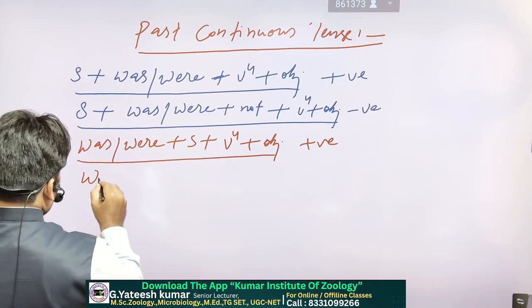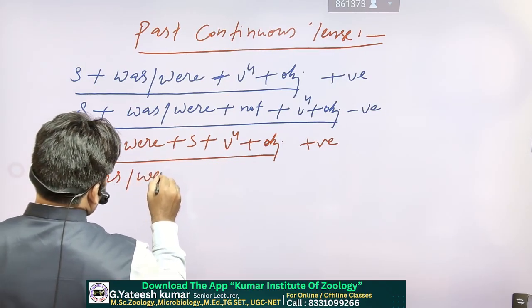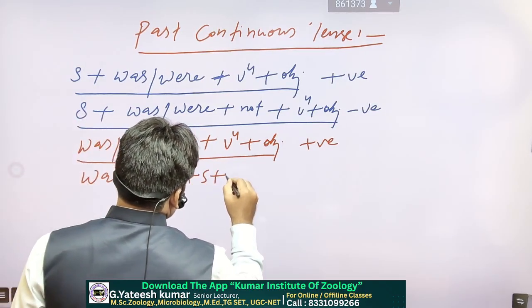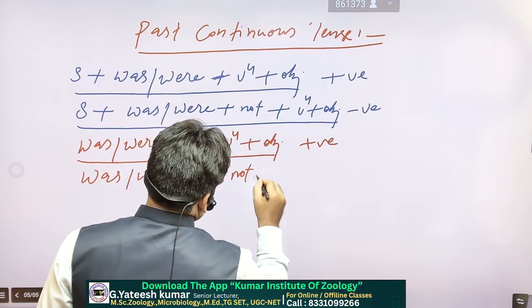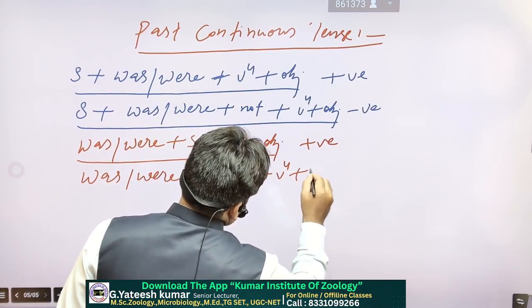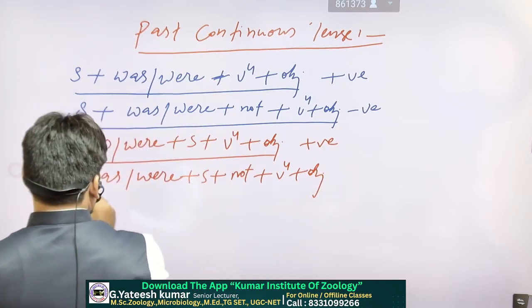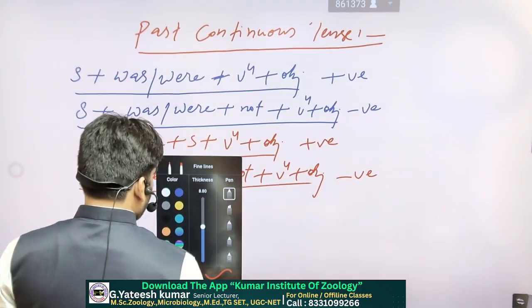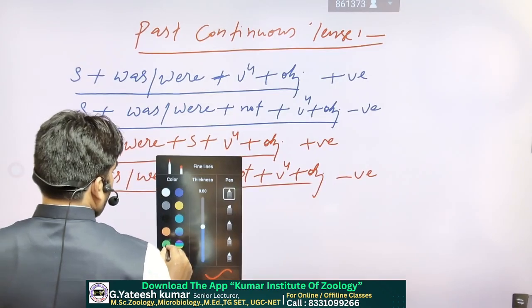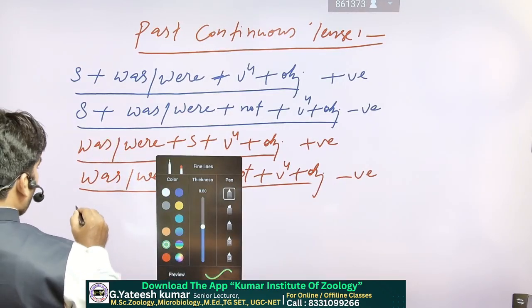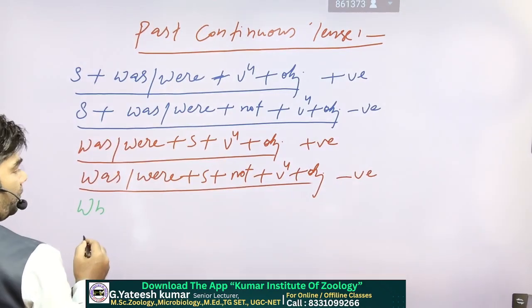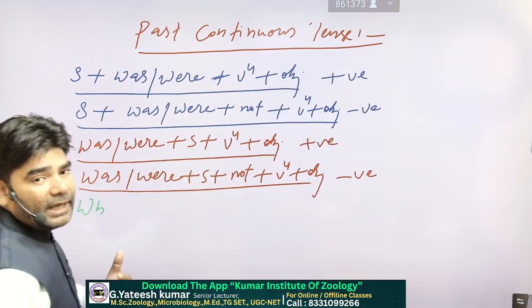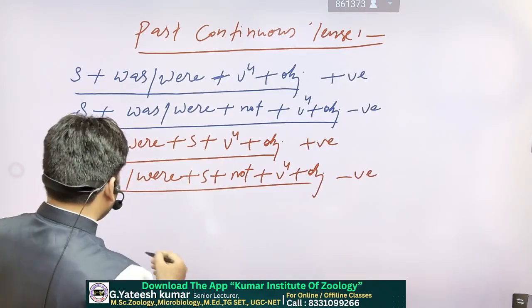We can do negative, was, were, subject, not, ing form, object. So this is yes no type questions, negative. Next we can do WH questions. So any WH family word, what, where, when, whom, whose, which, as per our practical requirement.